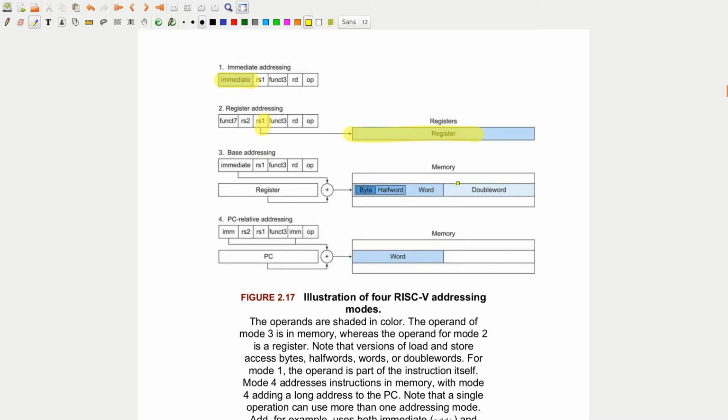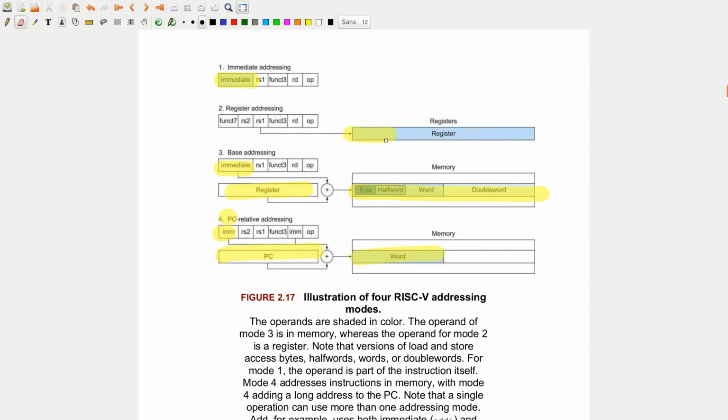Base addressing, we're going to have some arbitrary register added to some immediate value to give us the location of what we want in memory. Then we have PC relative, where it's some immediate plus the program counter, which is a special register, that gives us what we want in memory. So this is basically what addressing modes are. They're different ways to access different things.